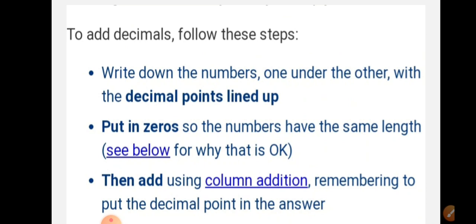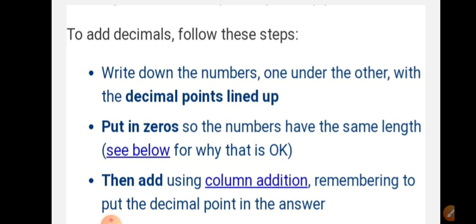Next, to add decimal numbers. To add decimal numbers, you add as in simple addition, but you have to keep something in mind, and these are some steps. Write down the numbers one under the other with the decimal points lined up, meaning the decimal points will come in one line.